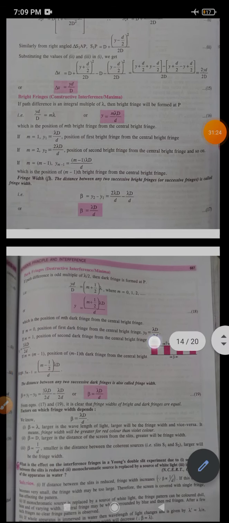Next we will see dark fringes, that is for destructive interference. By virtue of destructive interference only we get the dark fringes on the screen. So to get dark fringes, we have seen that the path difference must be an odd multiple of lambda by 2.